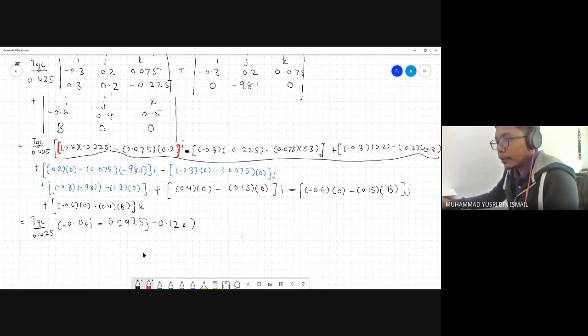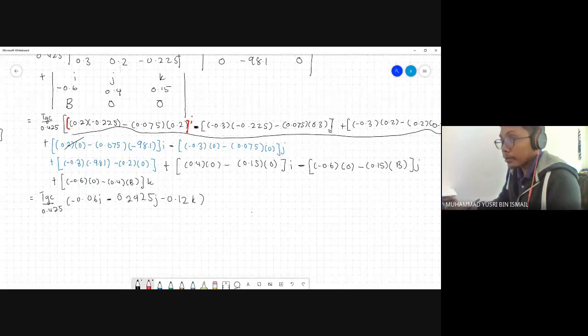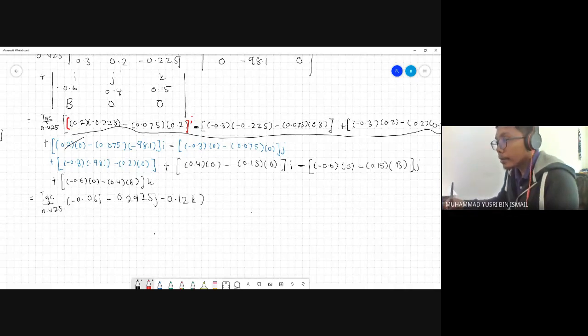Okay, then for this, for the blue part, negative or positive?